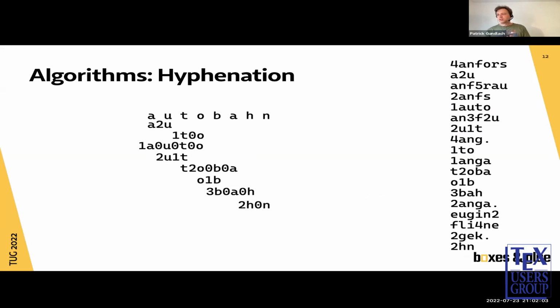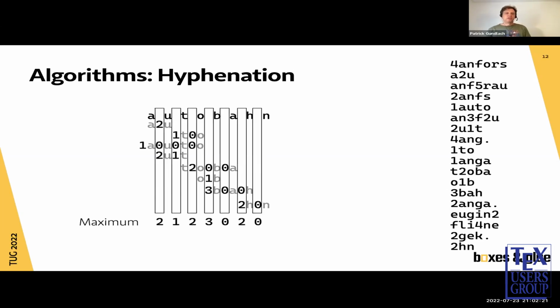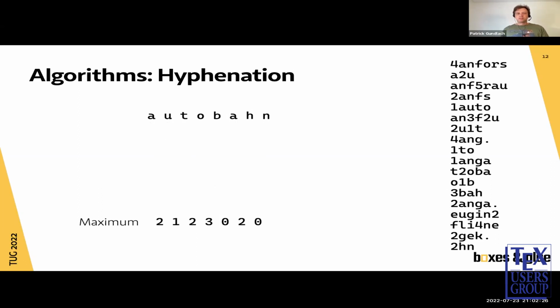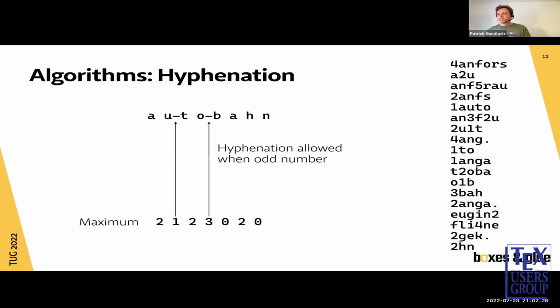So we are only interested in the numbers between the letters. The idea is to get the highest number in each column. Between A and U, the maximum is 2. U and T, the maximum is 1, and so on. So we write down there. Now, an odd number means a valid hyphenation point at this point, and even numbers mark unbreakable points or parts of the word.